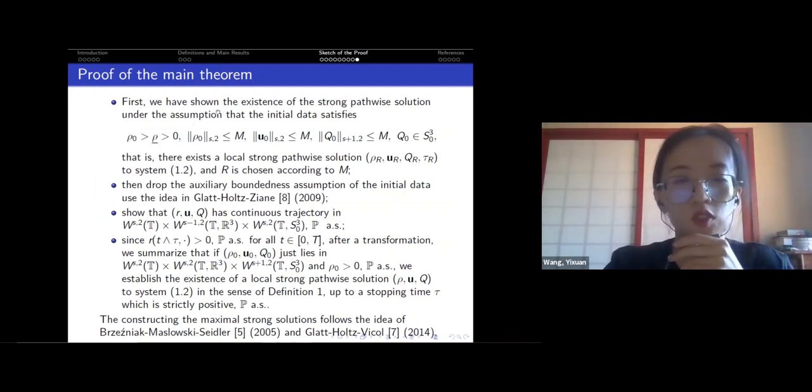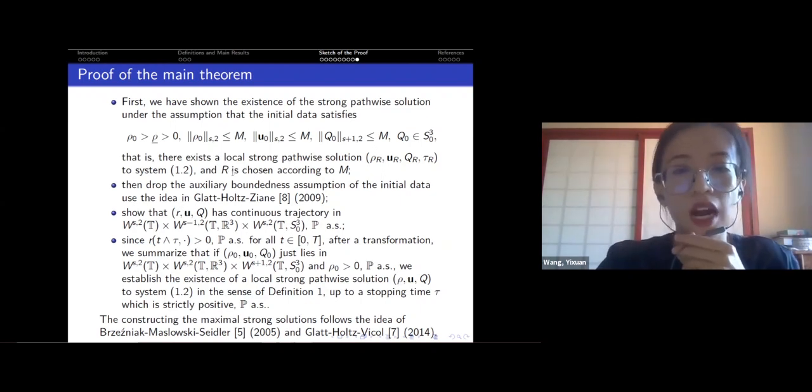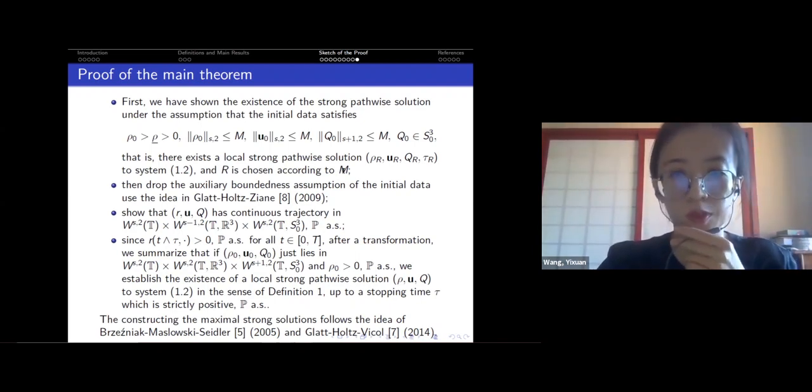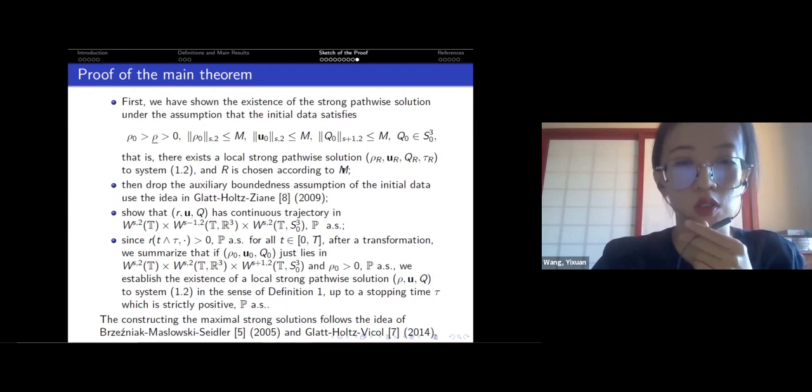To summarize, we have proven the existence of a strong pathwise solution under the assumption that the initial conditions are bounded. This capital R is chosen according to M, just by the embedding from the Sobolev space H^s to the infinity norm.